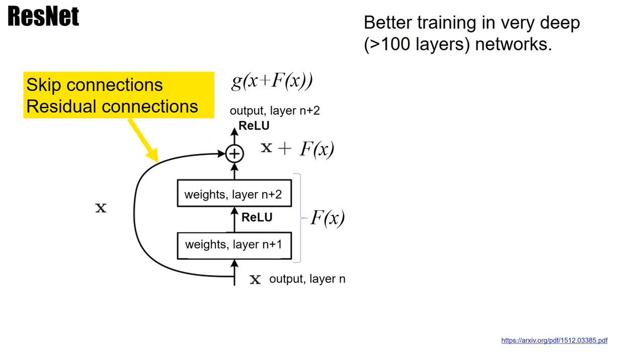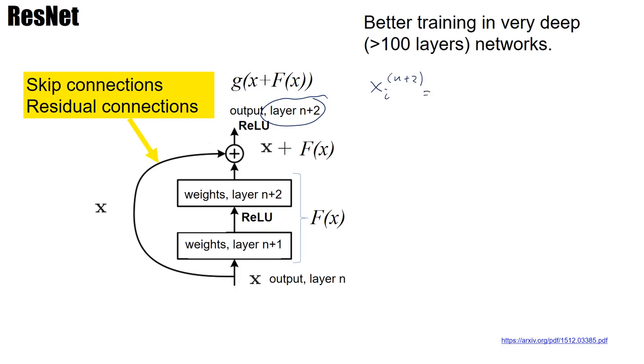So I have here the output in layer n+2, and say I look at the activity, the output of a neuron in layer n+2, and this is the neuron with index i.